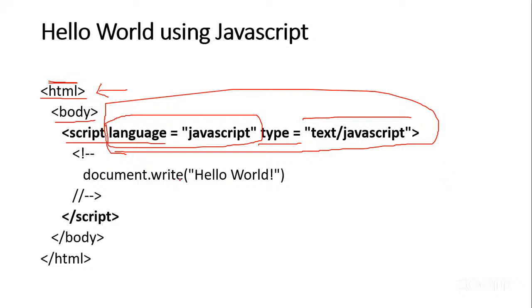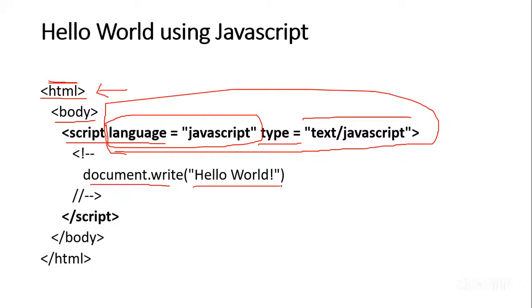Then, if you want to print something on the screen, that is an output statement. We have several output statements in JavaScript, like console.log or document.write. In this example, I am using document.write. Document.write hello world.